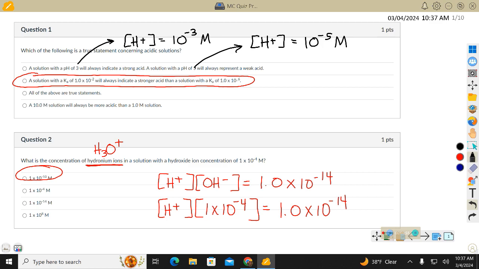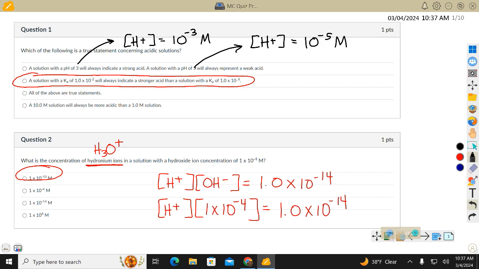Number 2, what is the concentration of hydronium, H3O+, when the hydroxide concentration is 10 to the negative fourth? There's a whole bunch of equations in your packet in the equilibrium section, and most of them are acid-base. Hydrogen times hydroxide is always 10 to the negative 14th, so I can just plug it in and solve for the hydrogen concentration, which is how they show the equation in the packet.